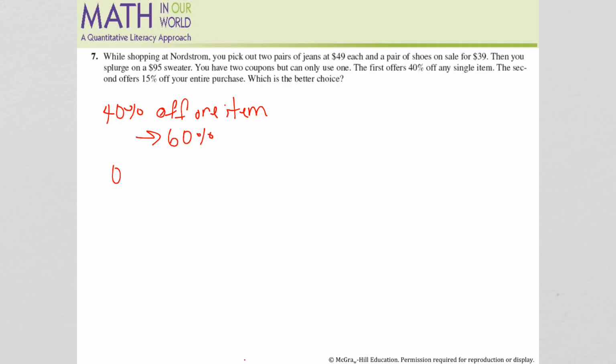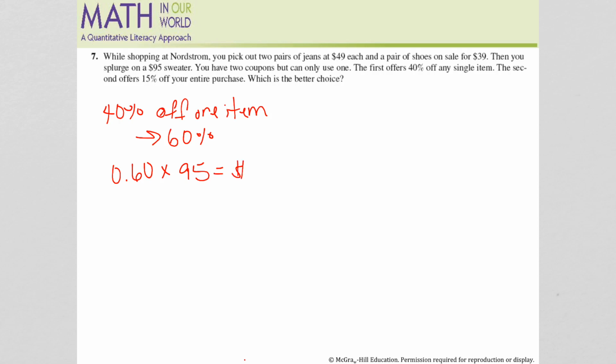So we want to take 65% off the jeans, right? No, we want to take, if it's off one item, we want to make sure we're taking the 60% of the most expensive item, and I wrote that 65 for some reason, which is the sweater.